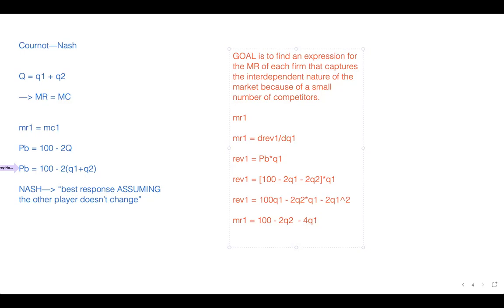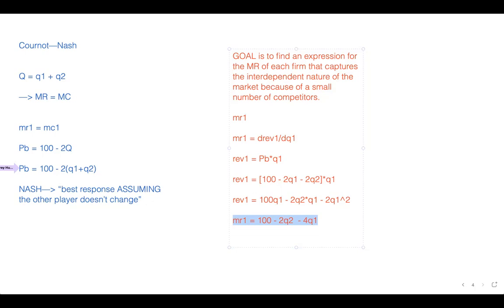Okay, so this is the expression that we wanted to get to. Okay, and are there any questions about that? Does anybody have a question or a comment or a concern? Okay.